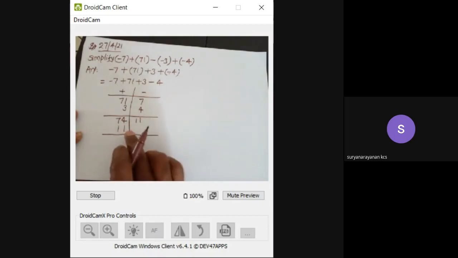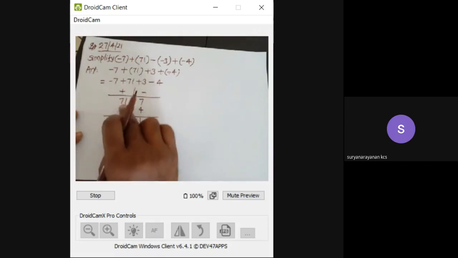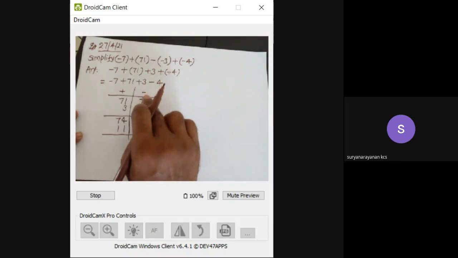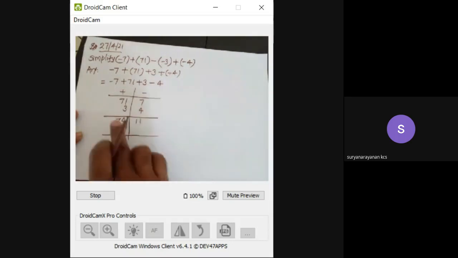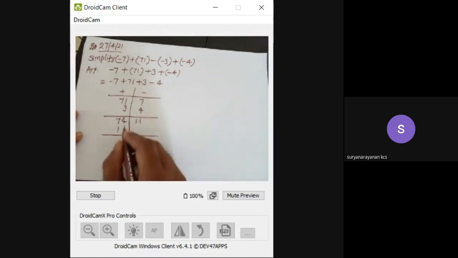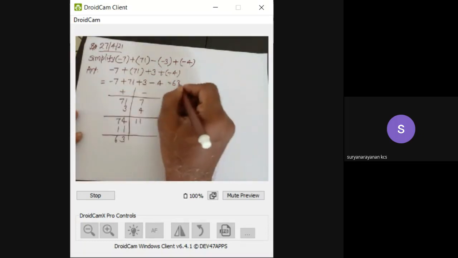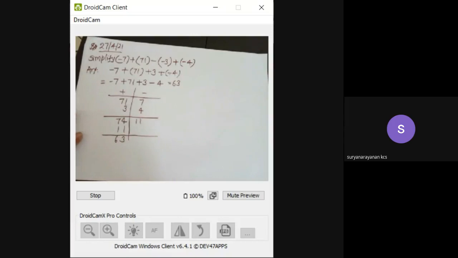Remember this operation, addition, in this box also we should use the addition operation. But here we have to use subtraction. So 4 minus 1, 3. 7 minus 1, 6. Under the plus box, we got the final answer. So answer is 63. Got this point, my children?